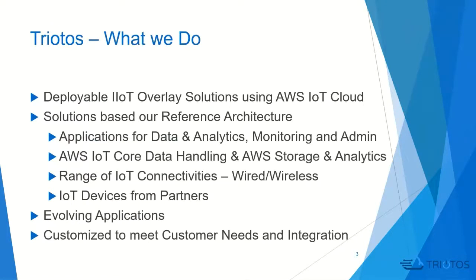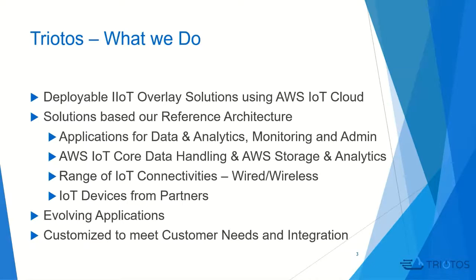So what we are focusing on is to deliver deployable industrial IoT overlay solutions using the Amazon Web Services IoT Cloud. With overlay, we mean solutions that can be deployed on top of existing industrial systems or existing services and applications.